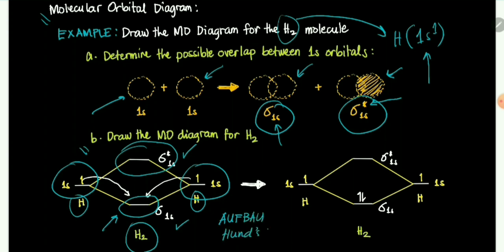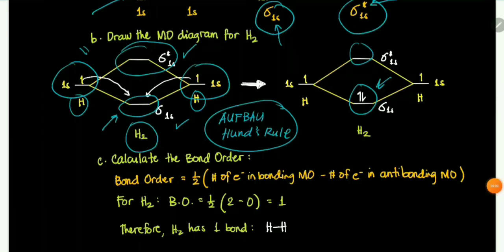Okay? So i-follow nyo to tuwing nag-fill out kayo ng molecular orbital diagram. Okay? So kapag dinrawing nyo yung molecular orbital diagram, may dalawang electrons doon sa sigma 1s at walang electrons doon sa sigma star 1s kasi dalawa lang yung ating hydrogen electrons. Okay? So finally, we will calculate the so-called bond order.